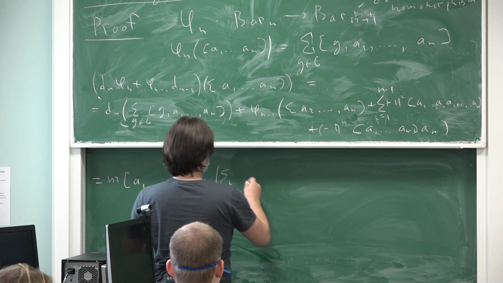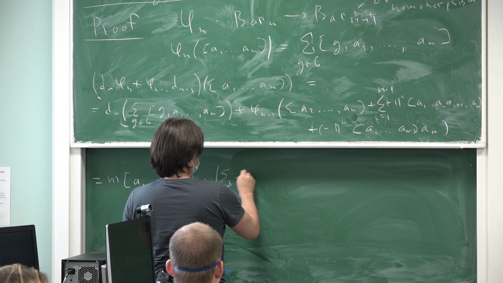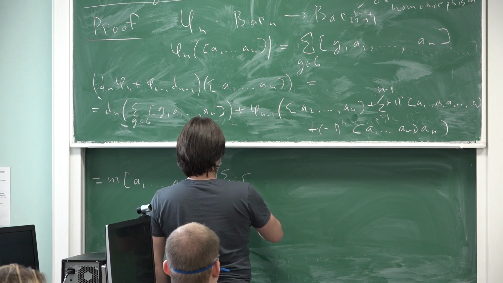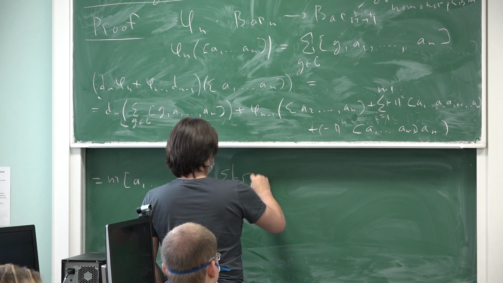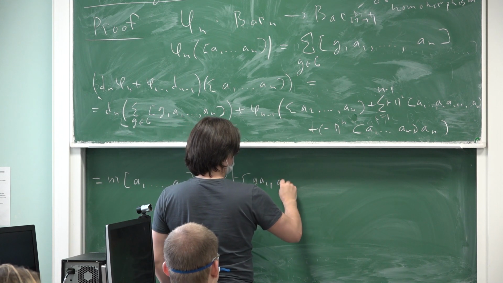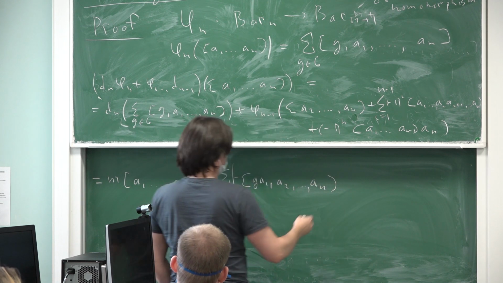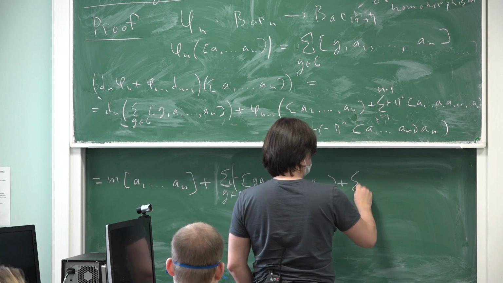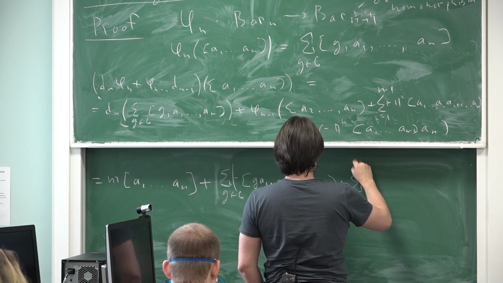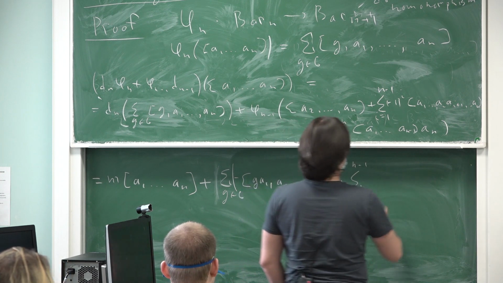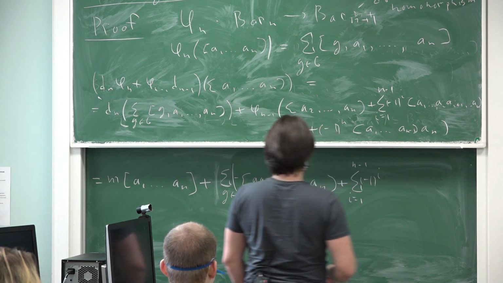The first guy is minus G A1, A2, so on AN. Then you get the sum for I from 1 to n minus 1, minus 1 in the ith power.